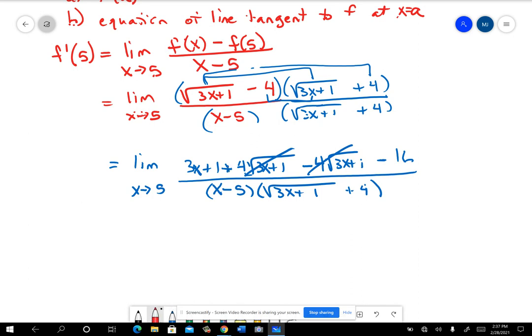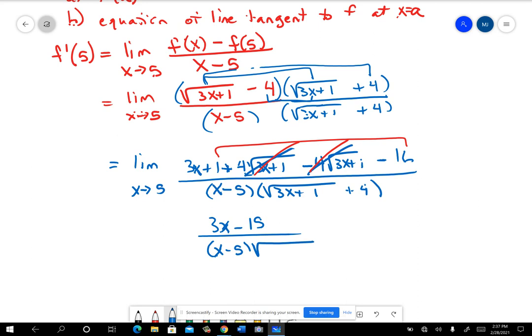Okay, so one of the things we noticed is these go away. Okay, these can be put together. And so on top, we have 3x minus 15. On the bottom, we have this x minus 5. And then this kind of long expression here that we got after we rationalized.